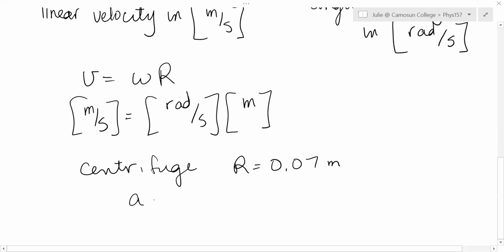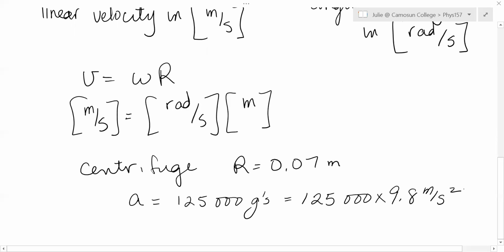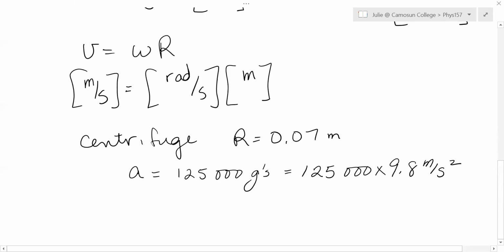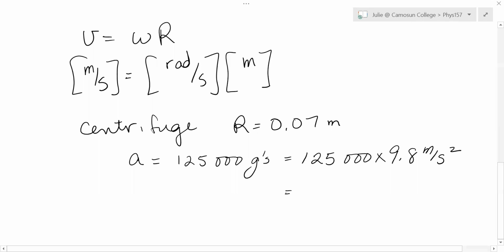And we're told the centripetal acceleration in there is 125,000 Gs. Now, when you have anything that's Gs, you simply multiply by 9.8 meters per second squared, and that's the centripetal acceleration in meters per second squared. So that is 1.225 times 10 to the 6 meters per second squared.